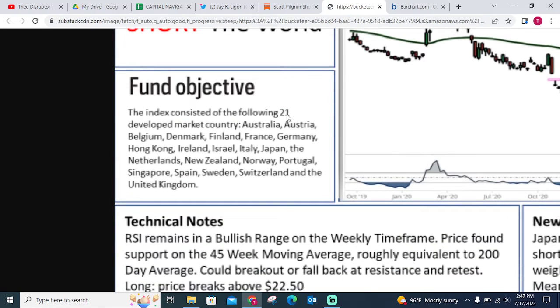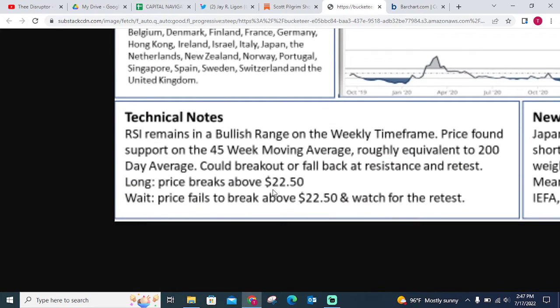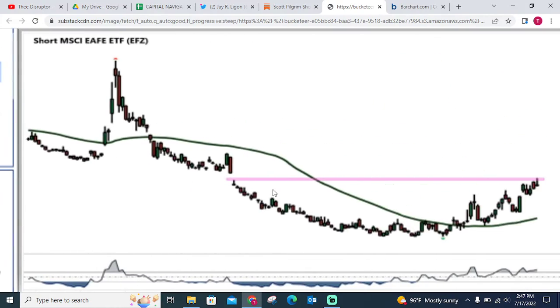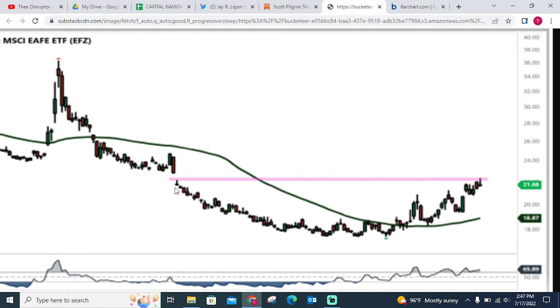Basically this ETF covers 21 countries, developed markets, Australia, Austria, lots of Europe in there. You've got Japan. And then we talk about the technicals here. You can see here's clearly a line of significant value. We gapped down below it and went down ever since, and we've been working our way back above it.